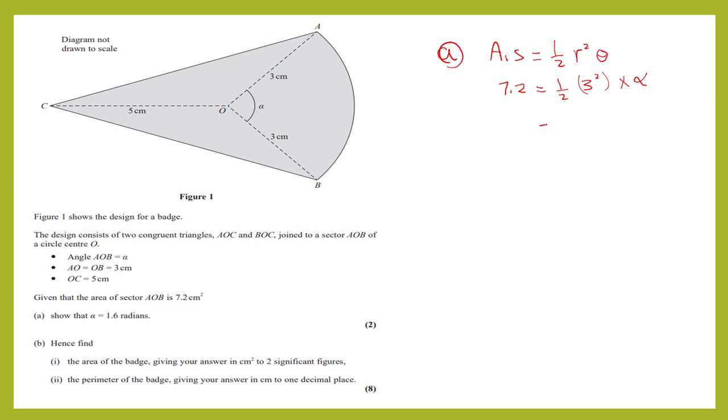So this one would be 9 over 2, and here 7.2. Just shift the 9 over 2 there by division, so alpha will be 7.2 divided by 9 over 2. It gives you at the end 1.6 radians. So we got the alpha now, which is 1.6.